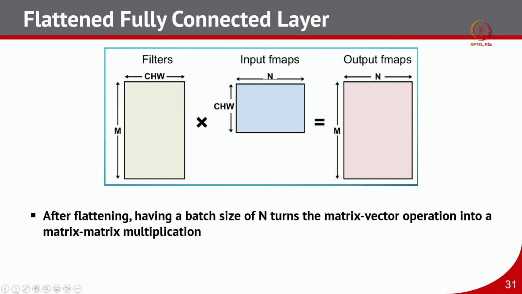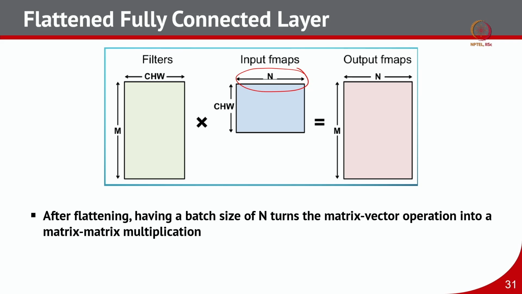Now, remember as I was saying that whenever we perform inference, we might not have just one input, rather we might have n different inputs. So, if we have n inputs, then we have n outputs. Each of the outputs will be of size M by 1, because we have M filters, and each filter contributes just one pixel in the output feature map.